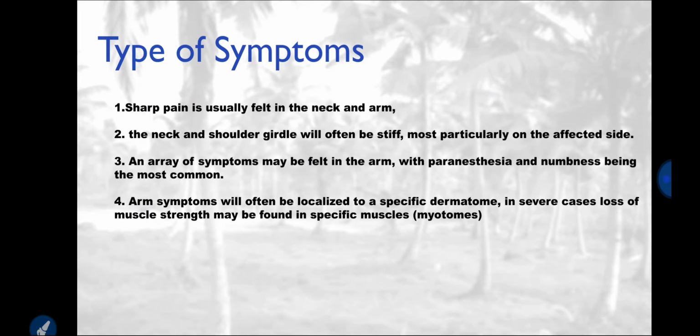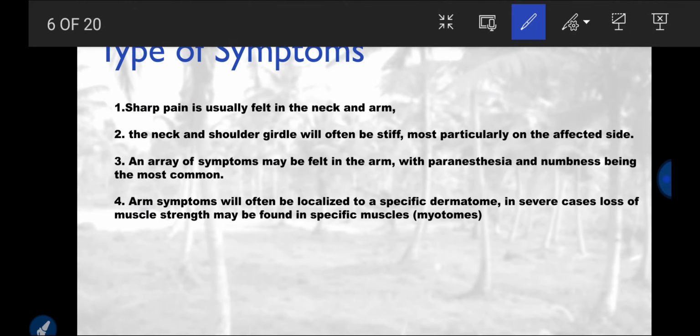Types of symptoms: sharp pain felt over the neck and arm. The neck and shoulder girdle are often stiff due to pain and muscular spasm, and the patient is not moving the neck and the shoulder. Symptoms may be felt in the arm as paresthesia and numbness, and most common factors.